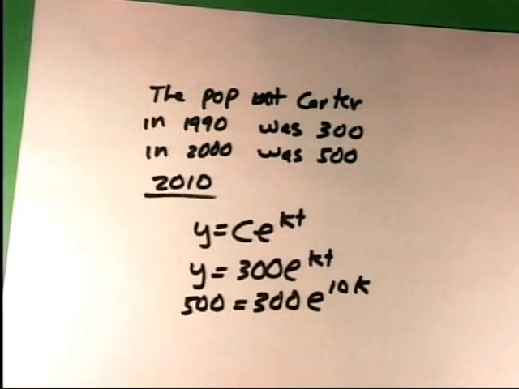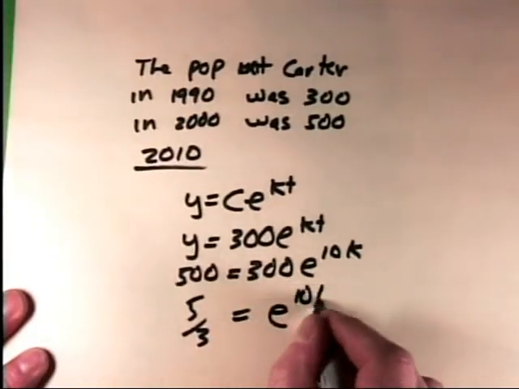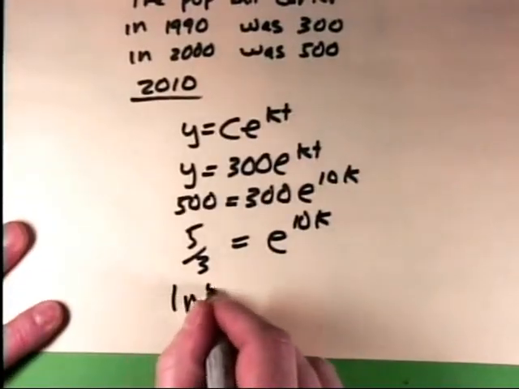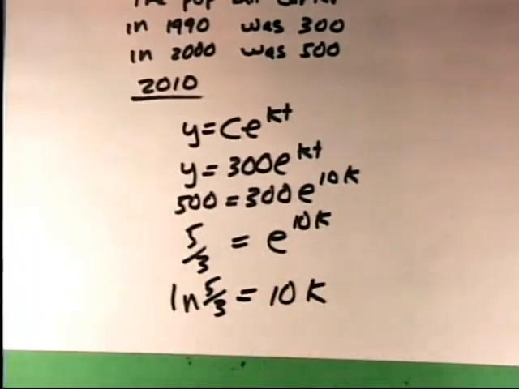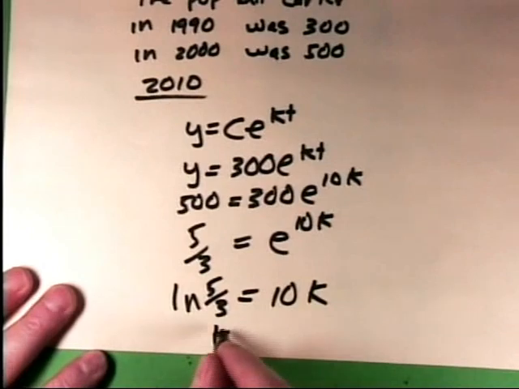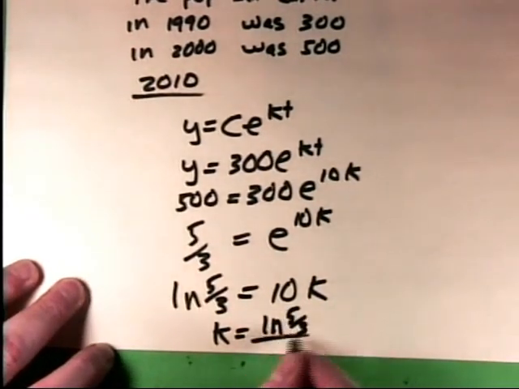Excellent. Then you get 5 over 3 is equal to e to the 10k. Natural log both sides. Natural log of 5/3 is equal to 10k. So k is natural log of 5/3 all divided by 10.